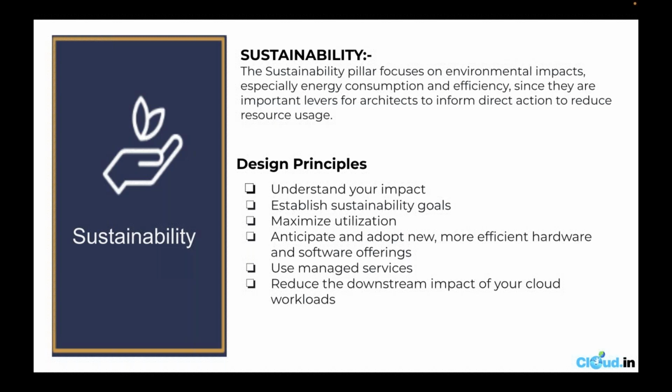AWS offers a program called AWS Carbon Offset, which allows customers to offset their carbon emissions by purchasing carbon credits from sustainable projects. This is one of the programs that AWS runs.